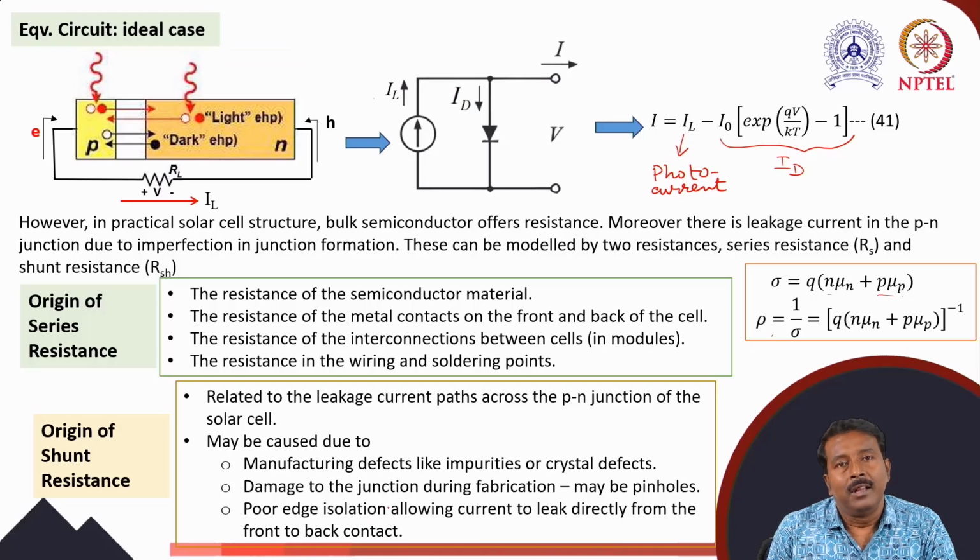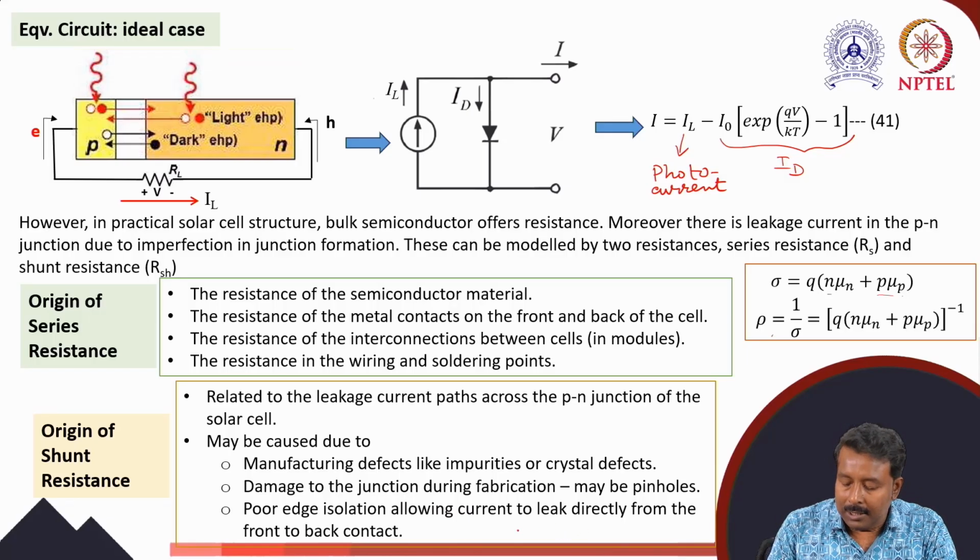So proper edge isolation is required. This is part of the fabrication process. So due to imperfect edge isolation, current may leak through the edge of the top layer to the edge of the bottom layer, or vice versa. In that case, that leak current will not contribute to the photocurrent. So that is also a cause of shunt resistance.